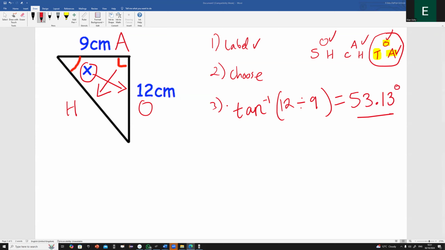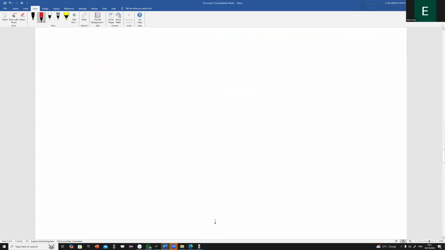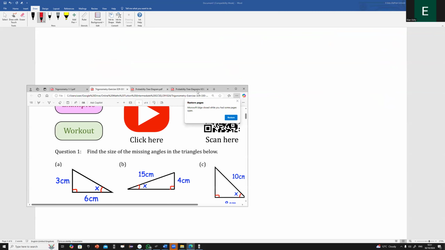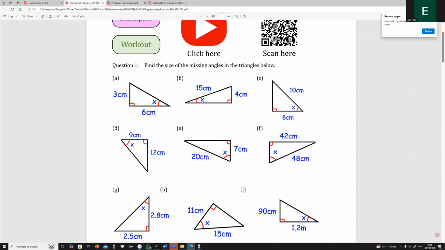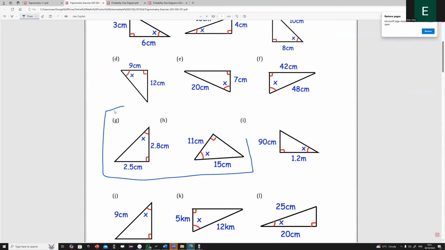So I'm going to give you a couple of questions to do. I think these ones are good ones to do. Okay, so I'll just give you two. These are on the sheet. So we've got question 1. I'm going to give you question 1G and 1H.